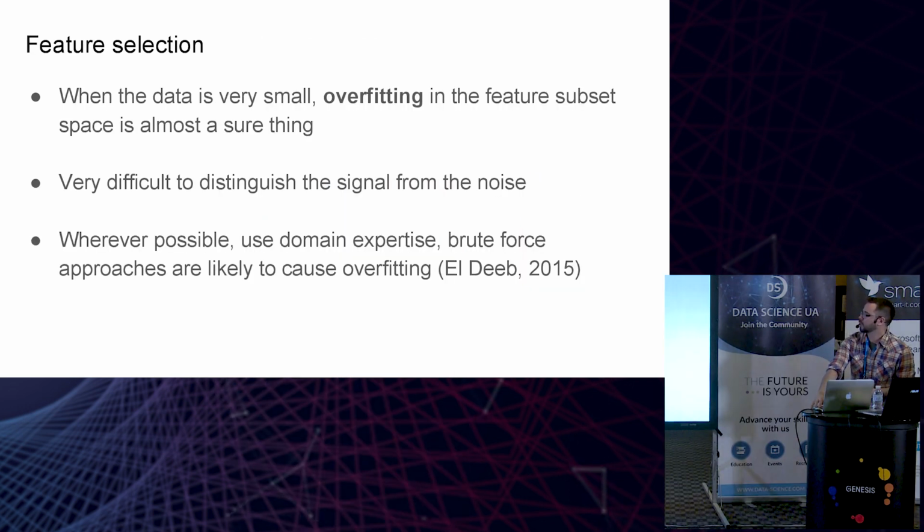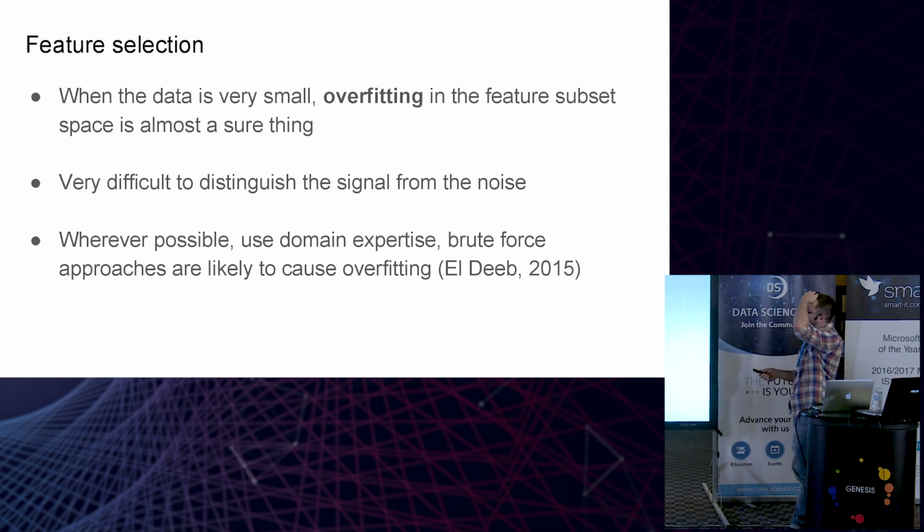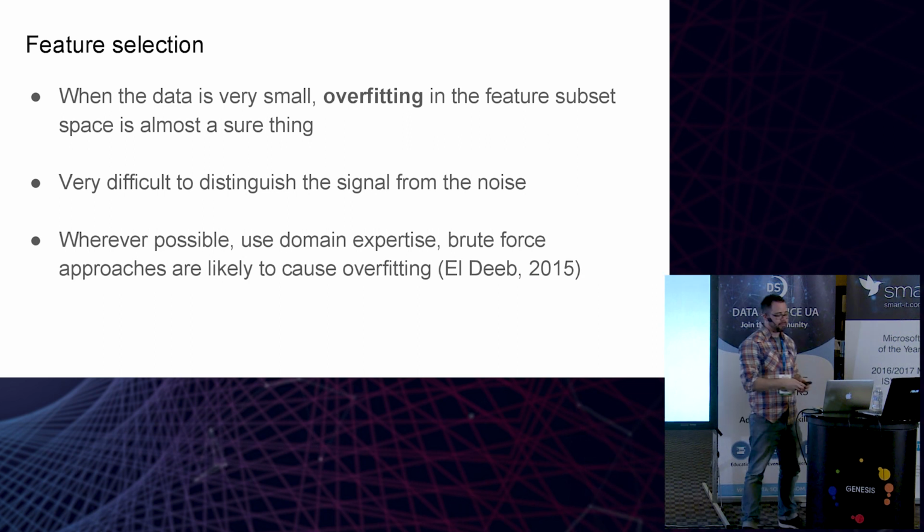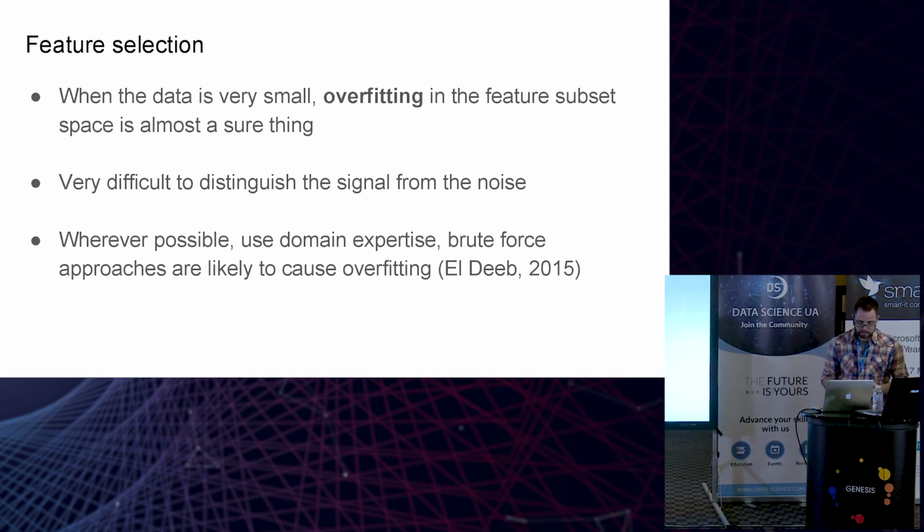On feature selection, we'll go very fast. When the data is very small, you really face a problem of overfitting on the feature subset space.